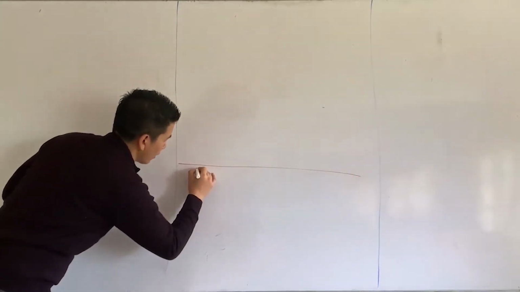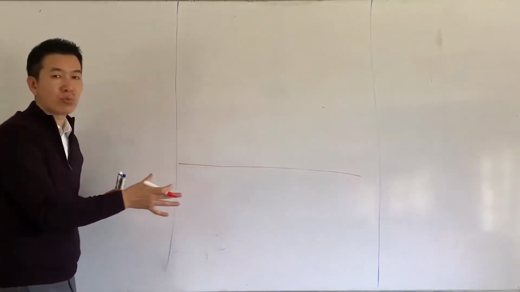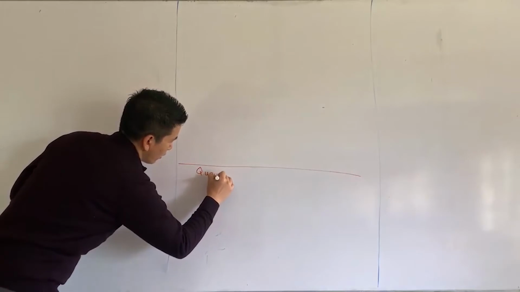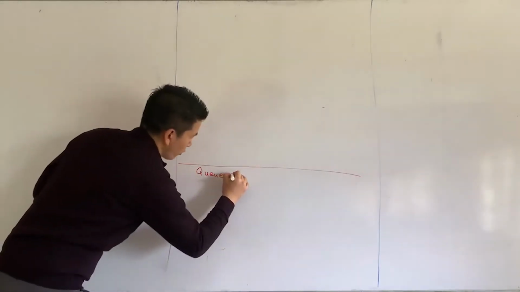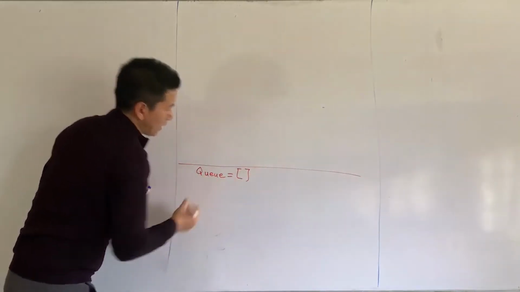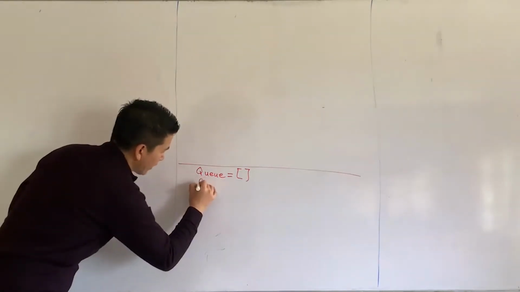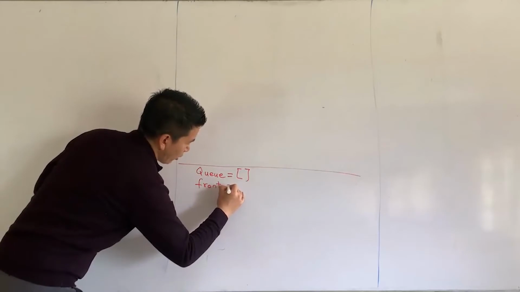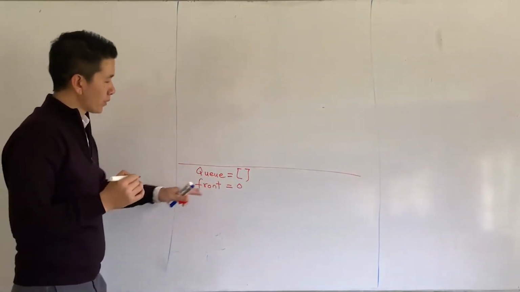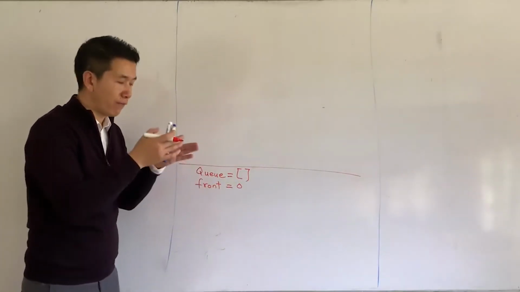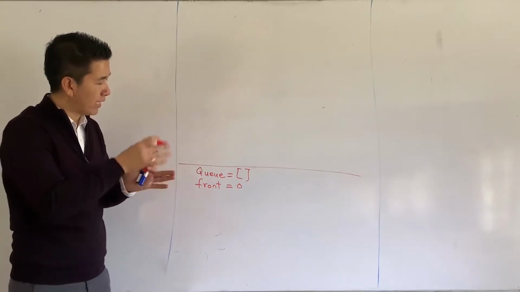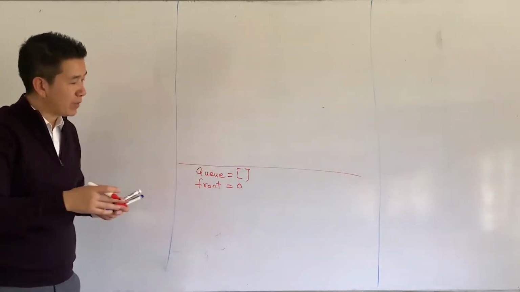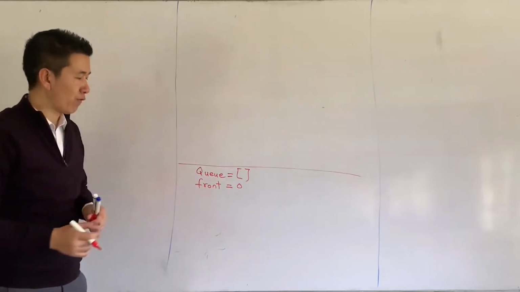Before I start with the while loop, I should have an empty list called queue, and then I need a variable called front. The front will store the value of the element that needs to be removed, the element that needs to be dequeued from the queue.